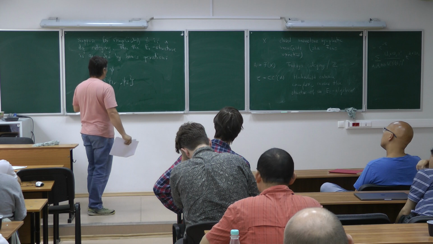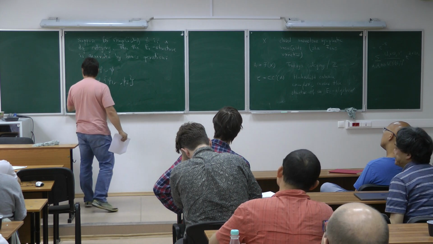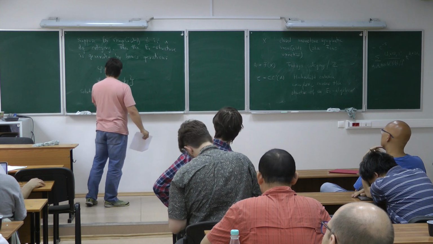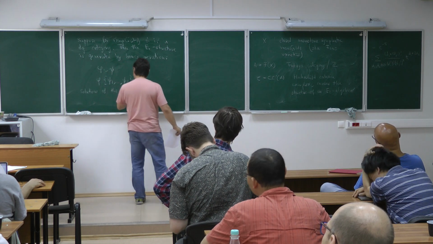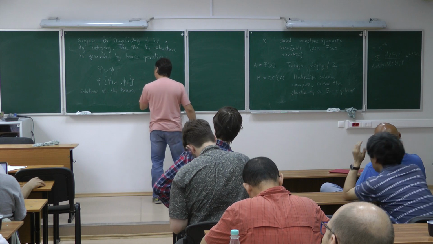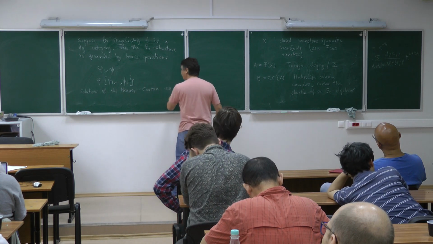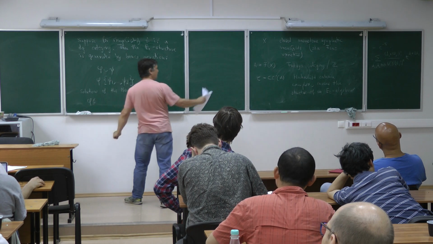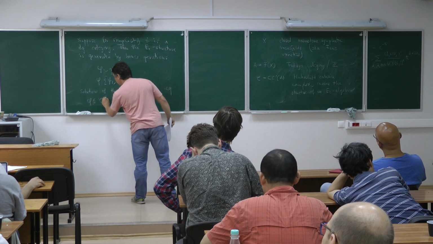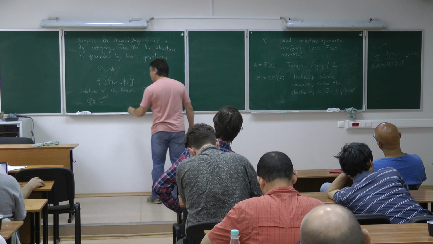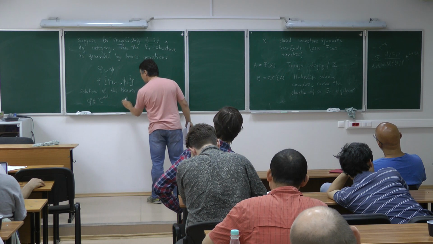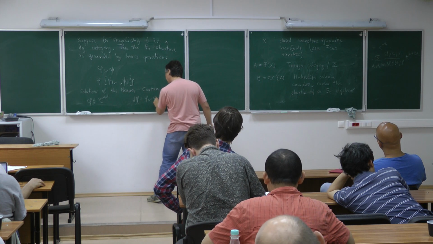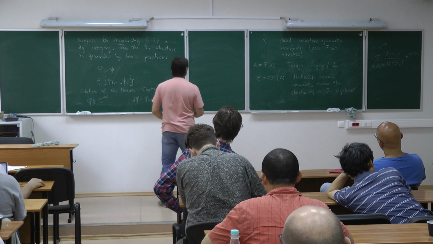What I'm interested in is solutions of the Maurer-Cartan equation. This is all Z2 graded, an odd degree thing, and it satisfies this equation here. That is the Maurer-Cartan equation.